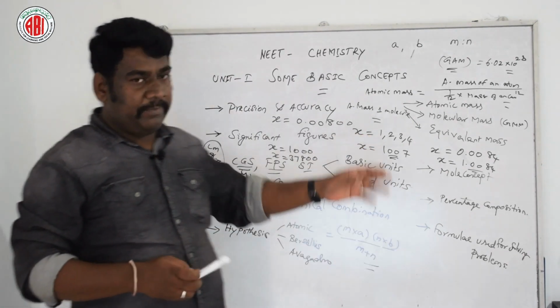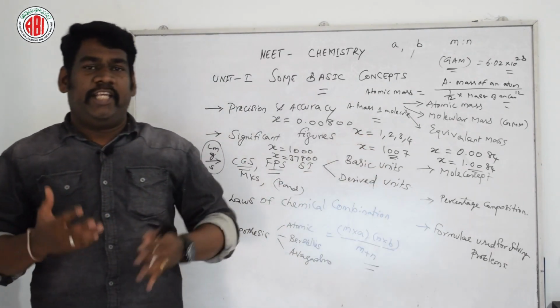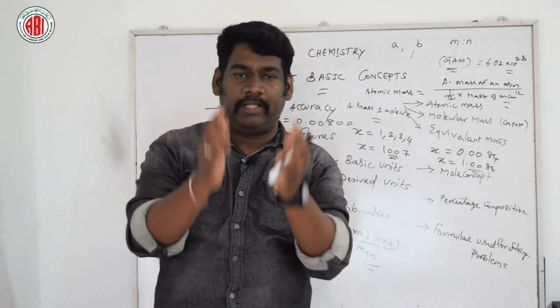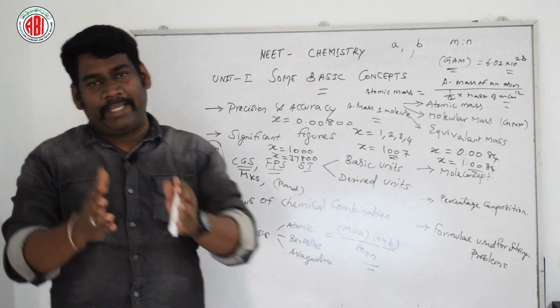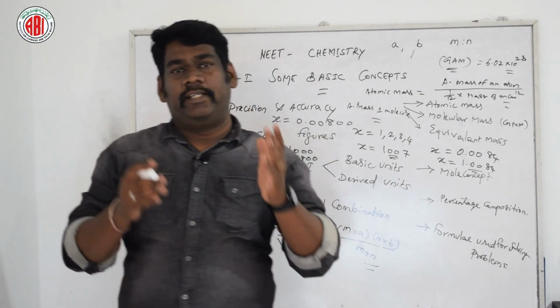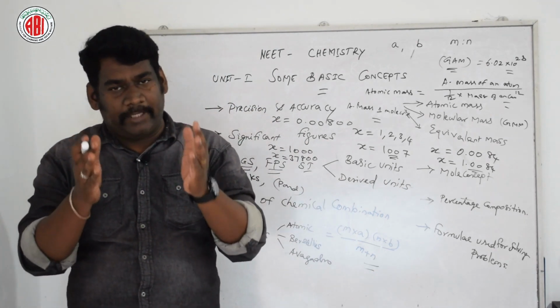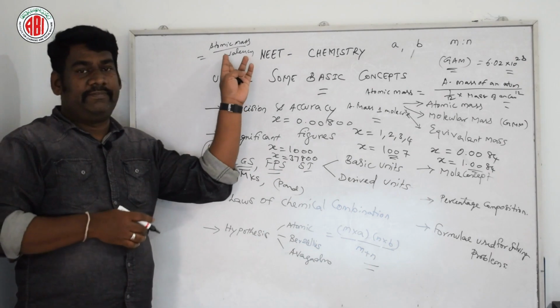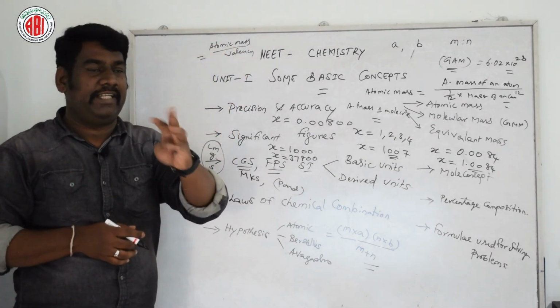When expressing the equivalent mass for a particular element, acid or base, we use different formulae. The equivalent mass of an element is atomic mass by valency.